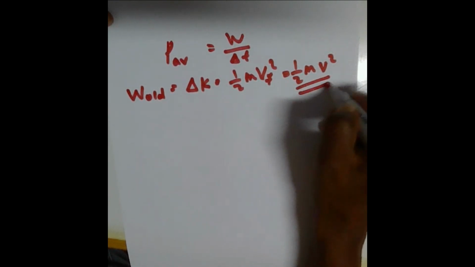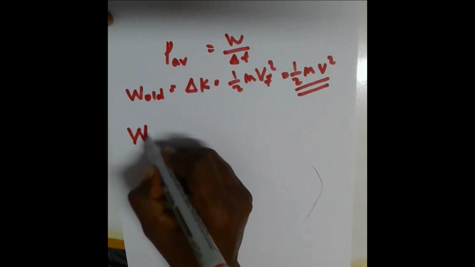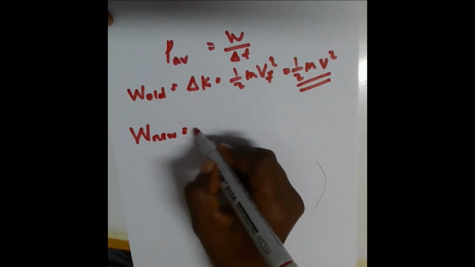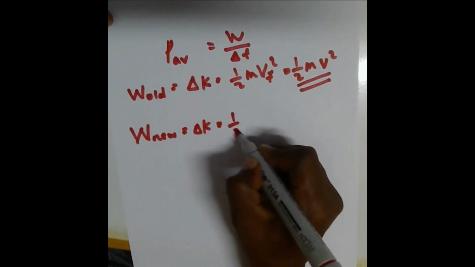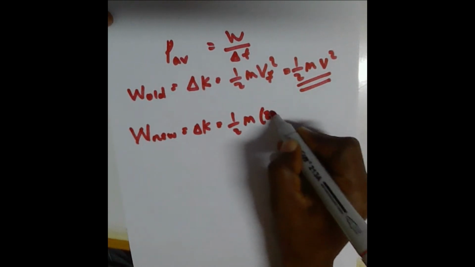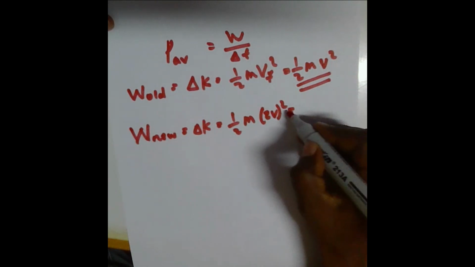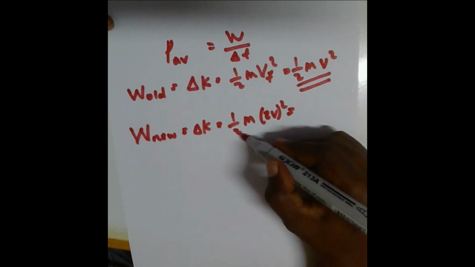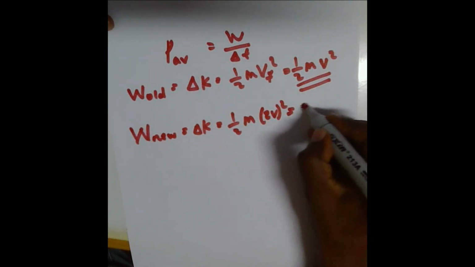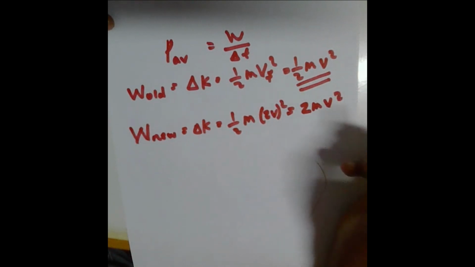This is for the old car. For the new model, we have the change again, which is half m, the final is 2v squared, which is 4 divided by 2, which is 2, therefore it becomes 2 m v squared.